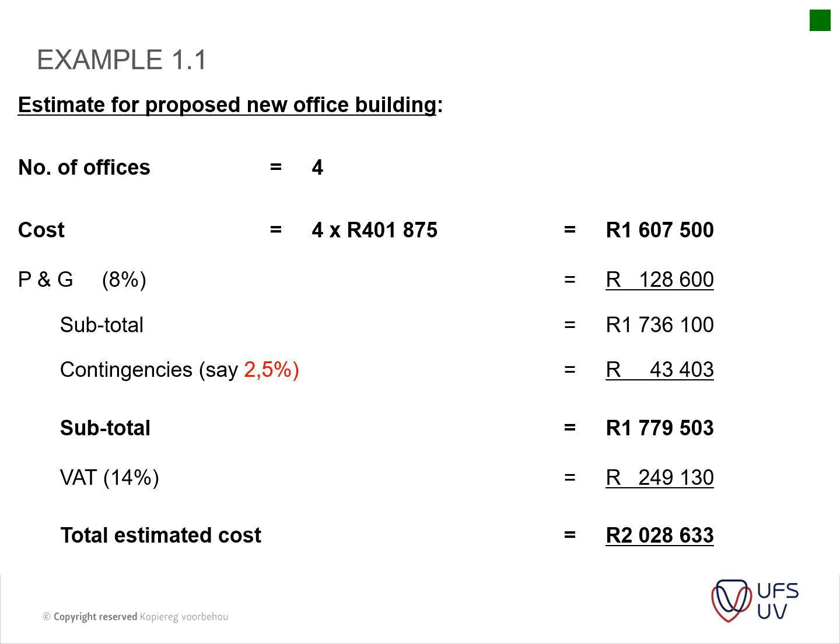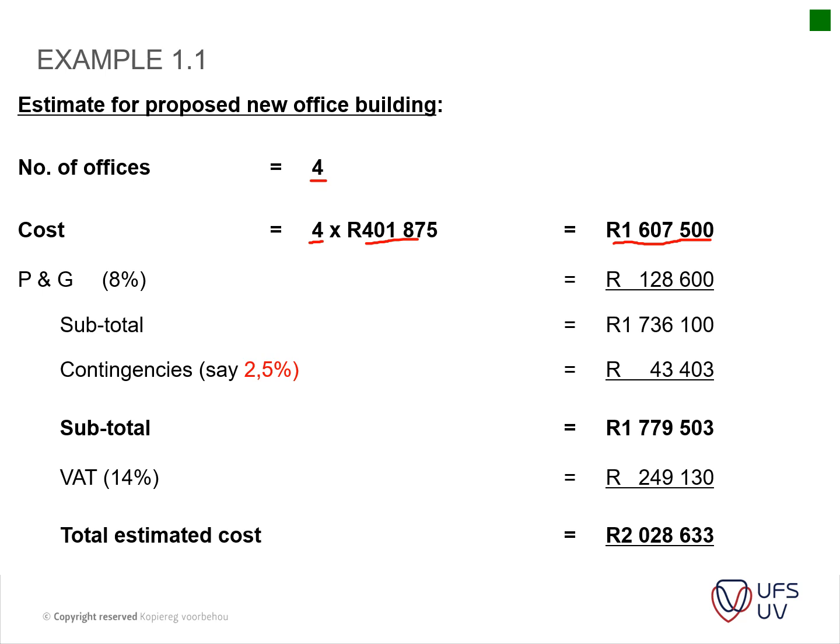So, the estimate for the new building. All that you do is you take the offices of your new building. We've got 4 new offices in our new building. So we take our number of offices times our unit rate, to get our new estimated cost before P's and G's and VAT.